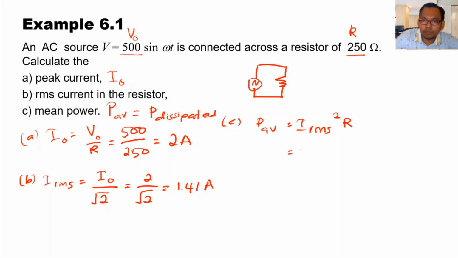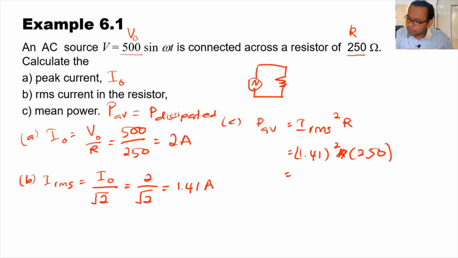So we get, from the previous answer, I RMS squared times R, where R is 250, and we get the answer 497.03, and the unit is watt.